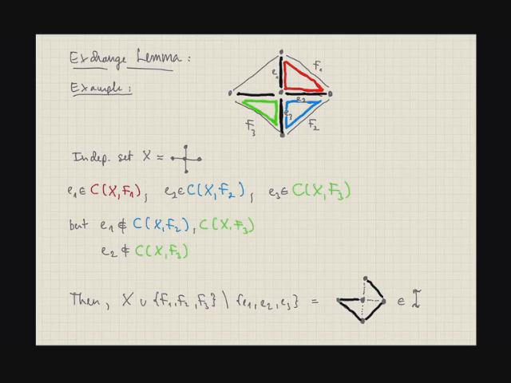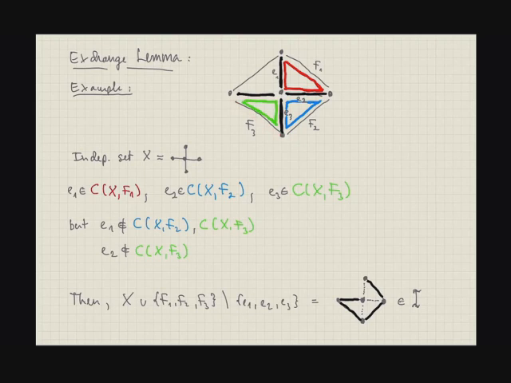So we have an independent set X, which is these 4 edges here. And we have edges which are not in the current set X, which is this edge F1 here, which closes this red cycle, this unique red cycle. We have this edge F2 here, which closes this blue cycle, and F3 here, closing this green cycle.